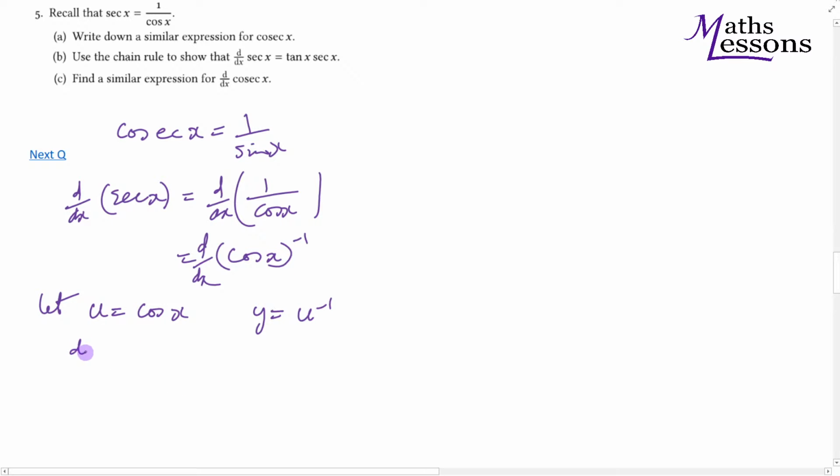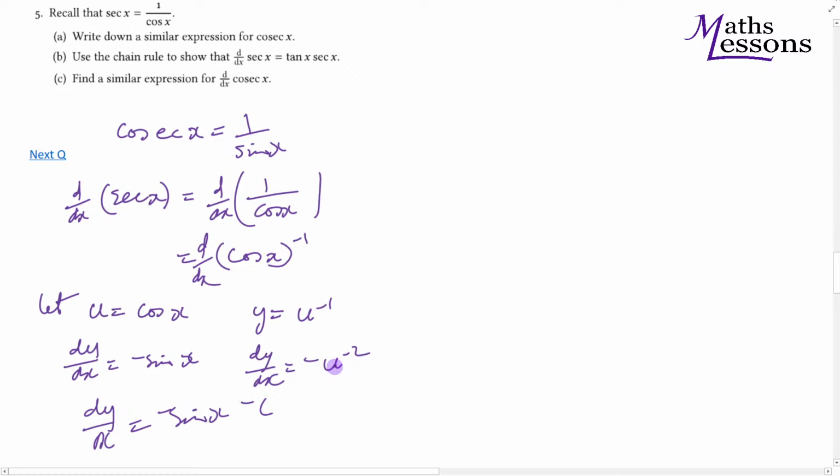So du by dx will equal minus sine x, and dy by du is going to give us minus u to the minus 2. So therefore dy by dx will equal minus sine x times minus u to the minus 2.